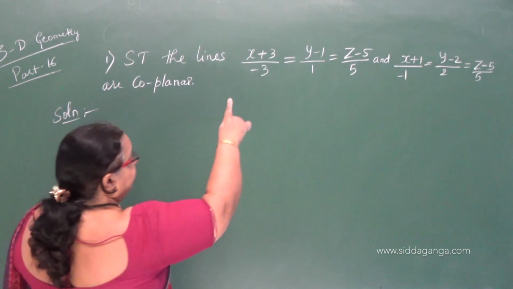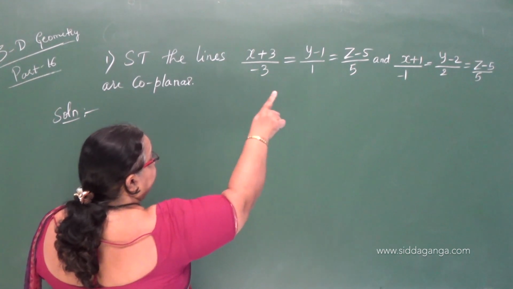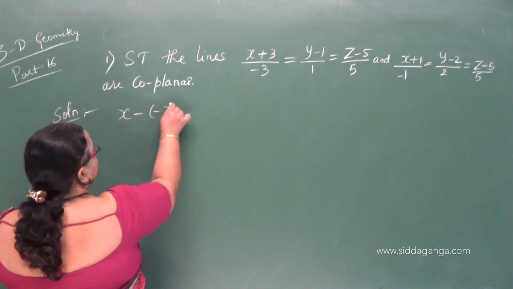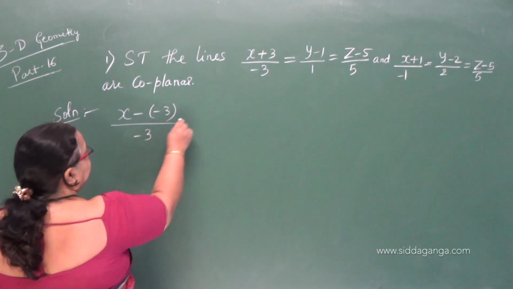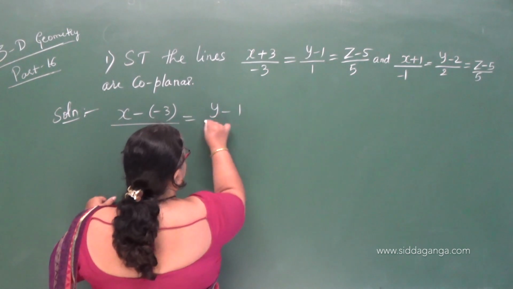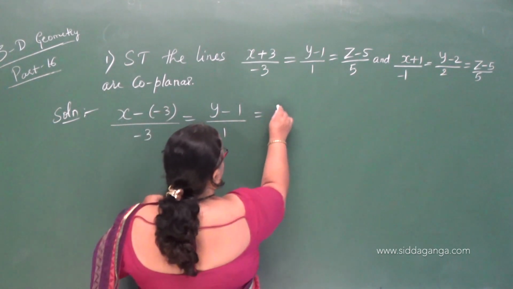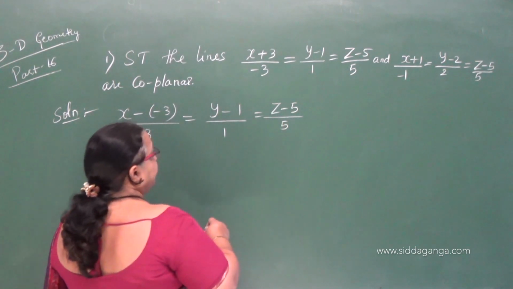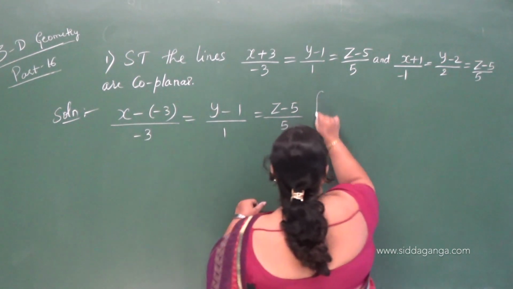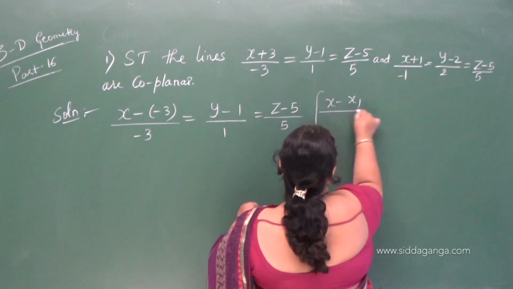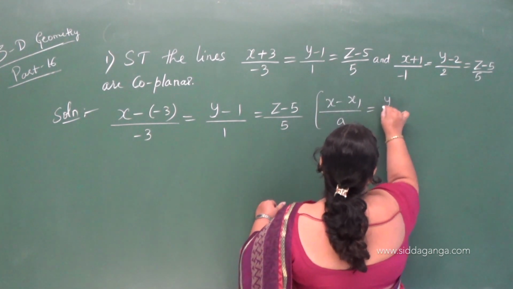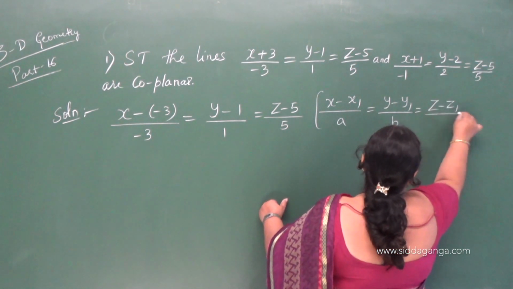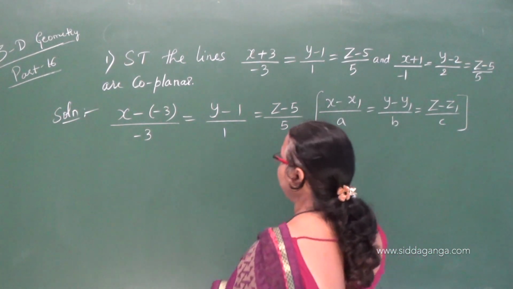Look, in the first line, we write x minus of minus 3 divided by minus 3 equal to y minus 1 divided by 1 equal to z minus 5 divided by 5. Now this is in the form of x minus x1 divided by a equal to y minus y1 divided by b equal to z minus z1 divided by c.